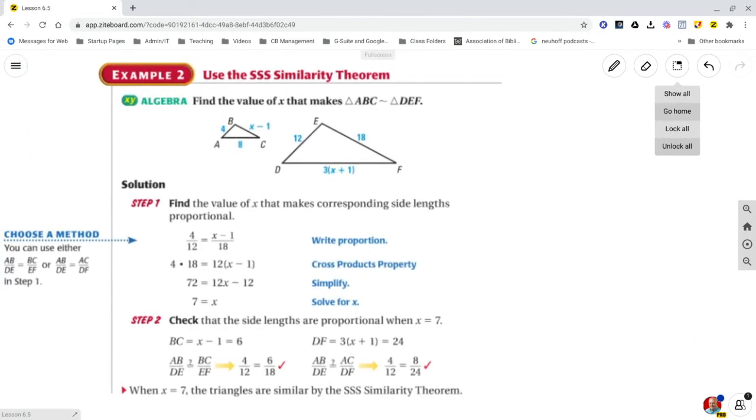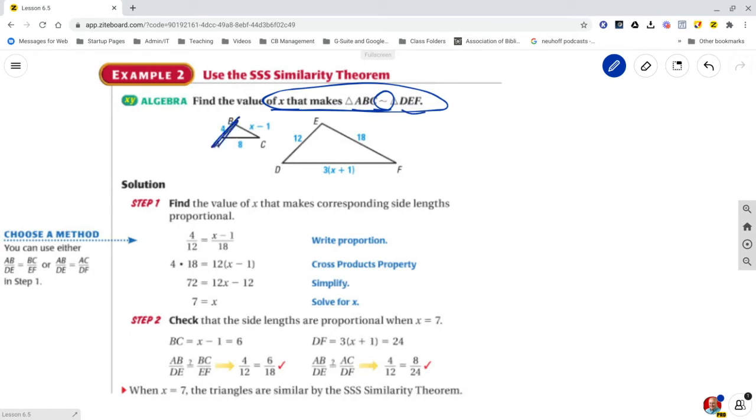We can use that now to help us solve for unknown sides of similar triangles. What we're trying to do is find a value of x that allows the two triangles to be similar. Well, again, we look at ABC to DEF.